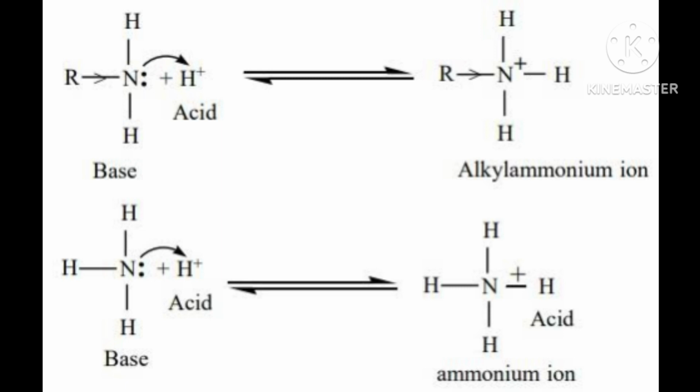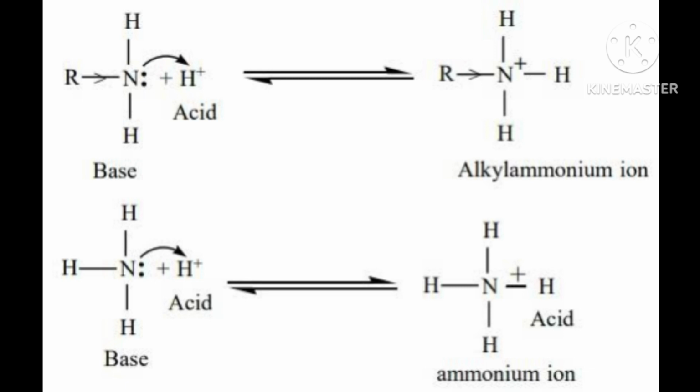Because here Kb means base dissociated, correct? Then that dissociation is very less. That's why with the K you are writing b, Kb. Kb means that is the dissociation constant of base. Then Kb is equal to what? Kb is equal to molar concentration of RNH3 plus, upside I am talking about.